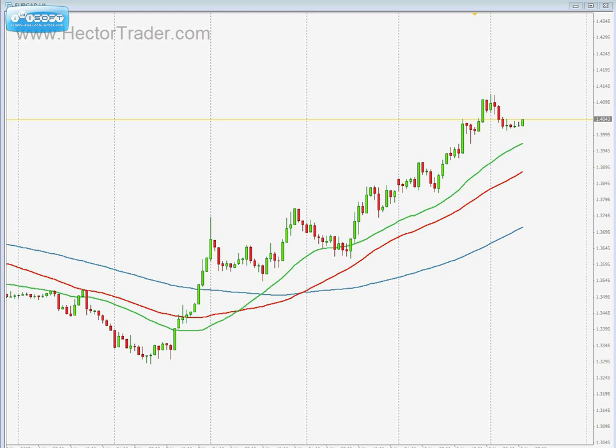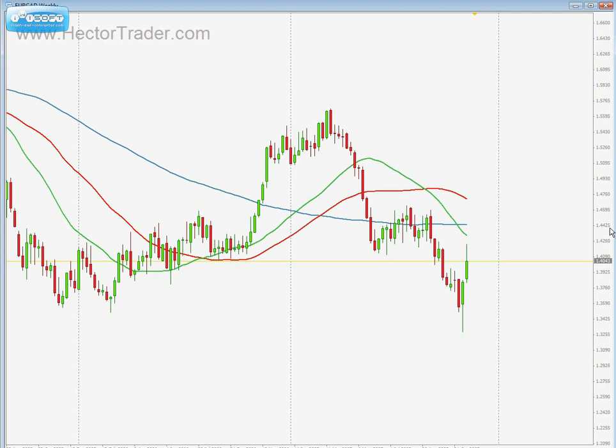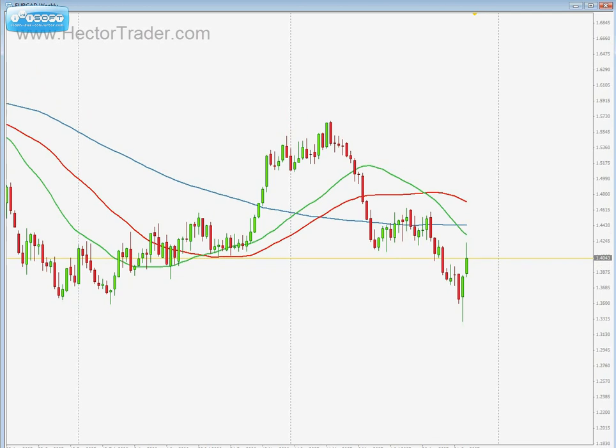Now once again, let's have a look at what's going on in the longer time frames: the daily, the weekly, the monthly. In this case, it's the weekly time frame that's showing some contradictory signals. Have a look at this. Once again, it's the same case as in the previous example. Now I'm showing you the euro against the Canadian dollar on the weekly chart.